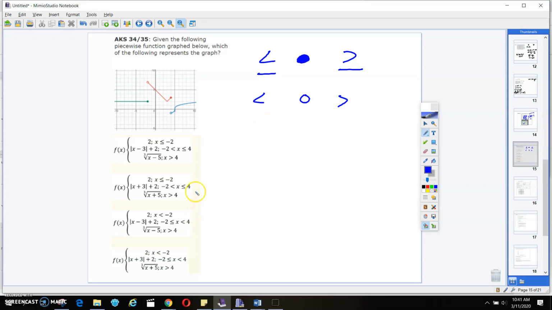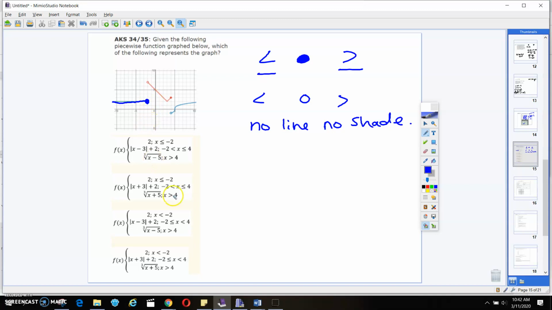Basically, the shaded ones is when the point is included, and the non-shaded ones not. No line, no shade. So if we look at our graphs, we see this green piece right here. That is a line at y equals 2. It's a constant line. And we see that it's a closed dot at x equals negative 2.